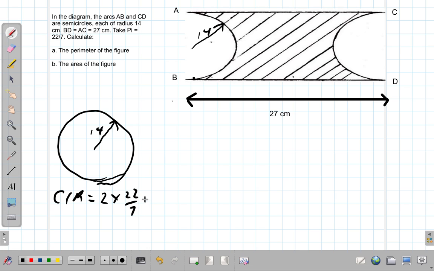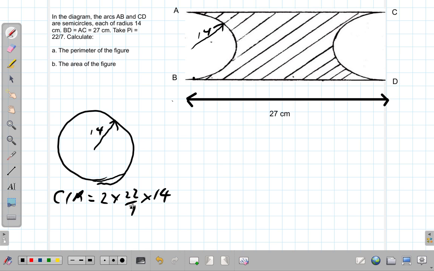You must remember it's 2 pi r, and pi r square for the area. 2 pi times radius 14. Don't mix them up. Square means an area. Once you say pi r square, it's not circumference we're talking about, it's area. 2 pi r, same as pi d, is the circumference.